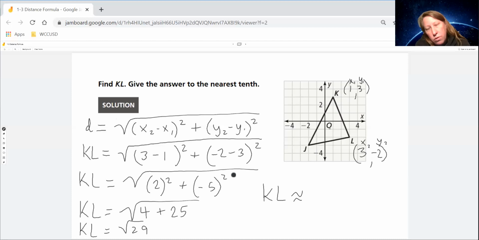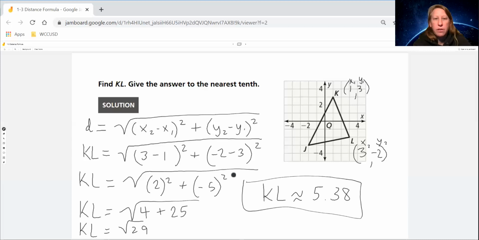That's a beautiful answer. If you want to know what that is on a calculator, you can type it in. The square root of 25 is 5, so it's 5 point something. I have a calculator right here. Square root of 29 is 5.38-ish.